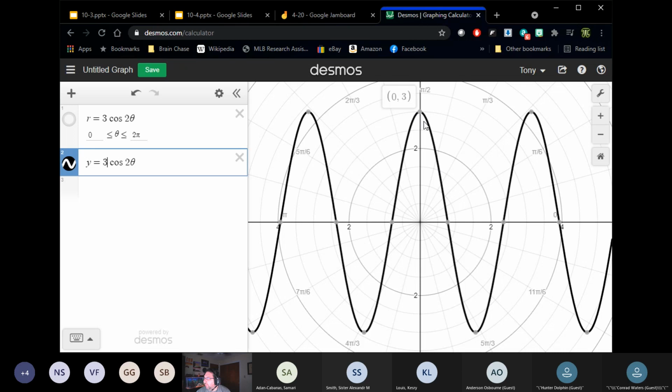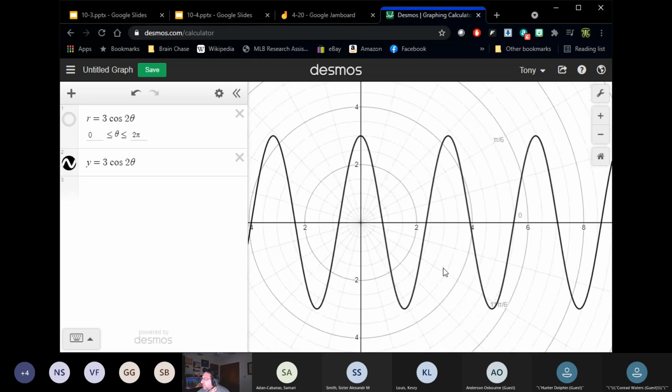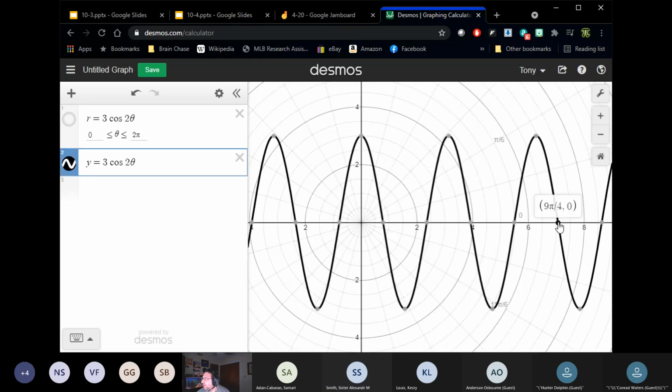You can see how it starts off at 1, goes to 0, comes back up, and it keeps repeating itself over and over again. So when we're going out to 2 pi, actually, 2 pi, it's up there, sorry. So I was going out to 2 pi, it's there.